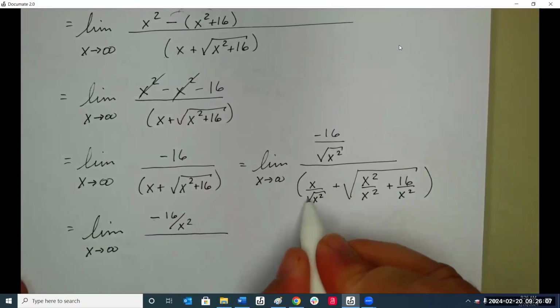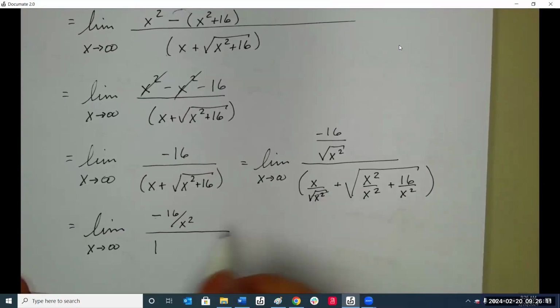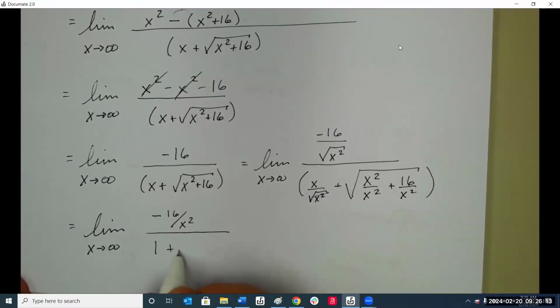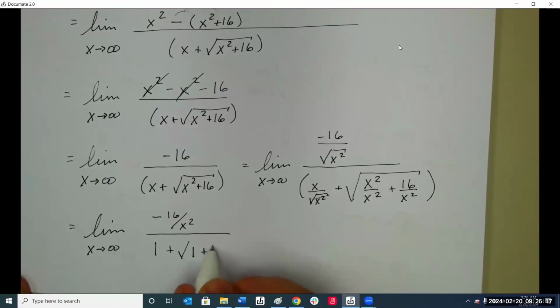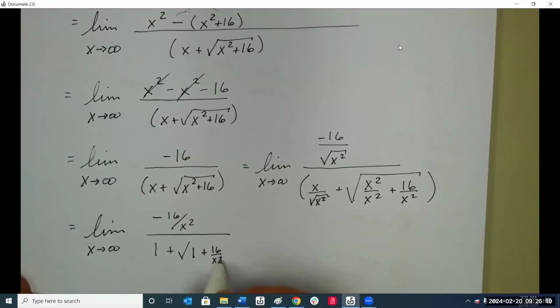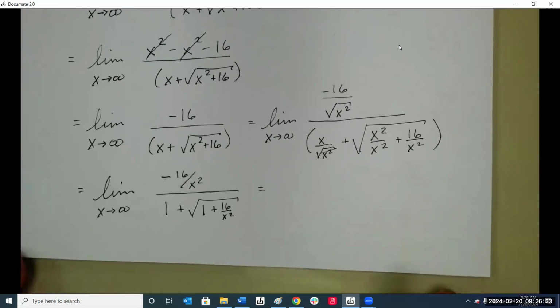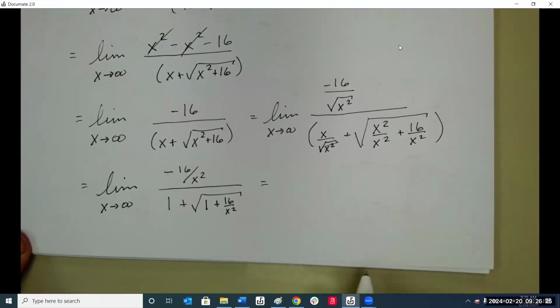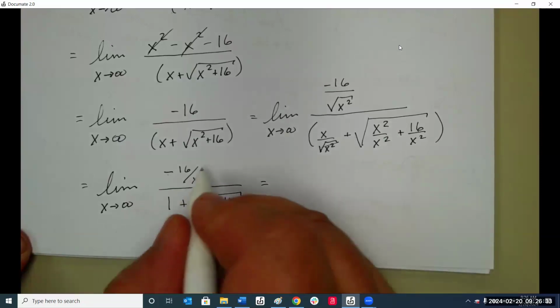So the square root of x squared is x, so this becomes a 1. That becomes a 1. X squared over x squared is 1. So take the limit as x goes to infinity.